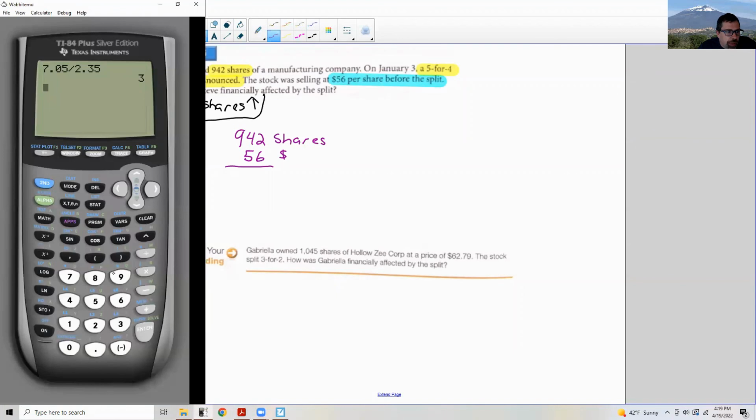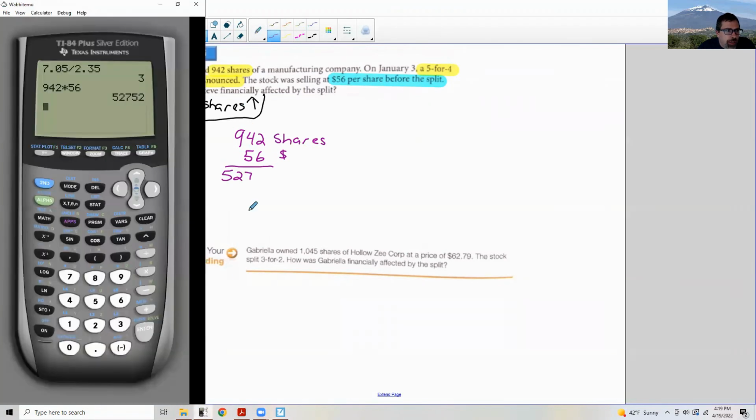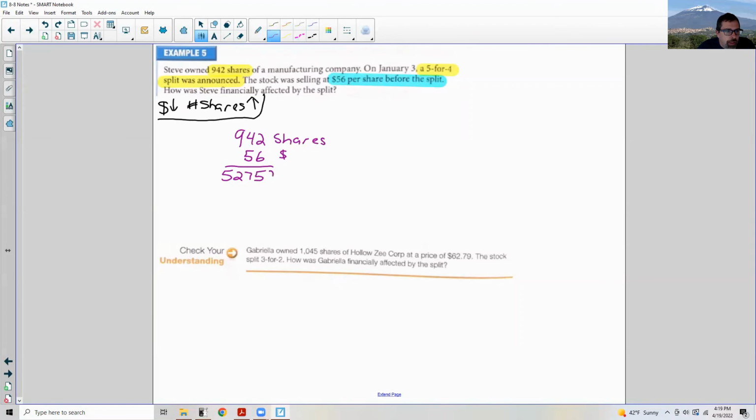Just to save time, I'm going to take 942 times 56 and I get $52,752. So he had $52,752 in this company. 942 shares at 56 bucks.